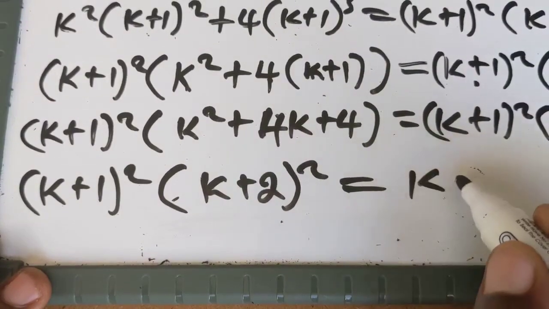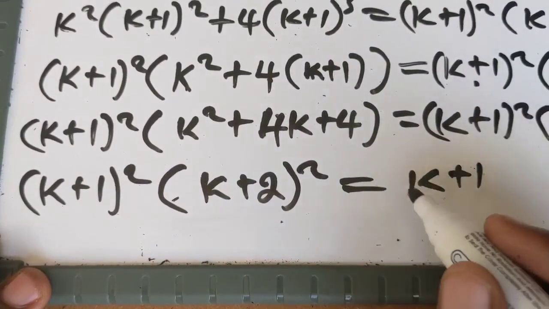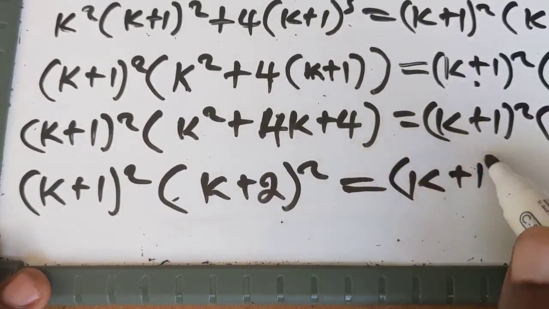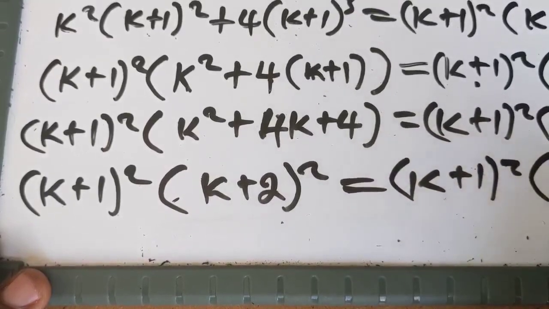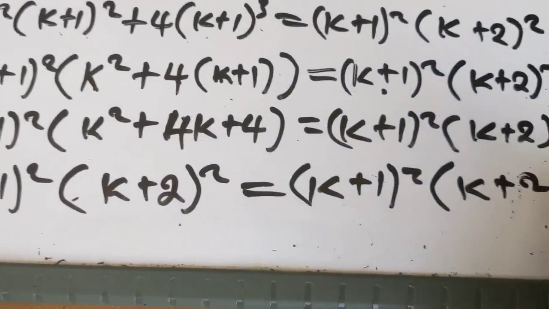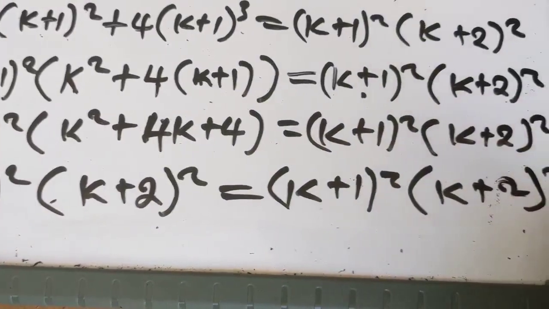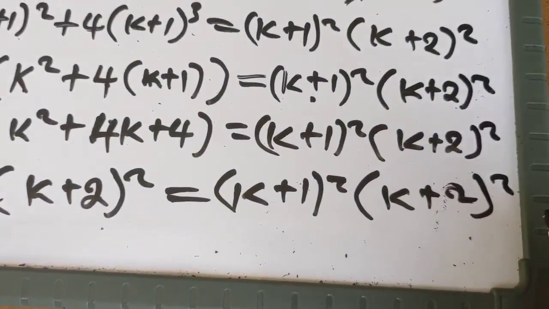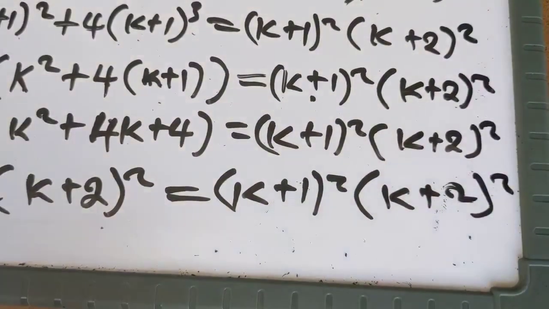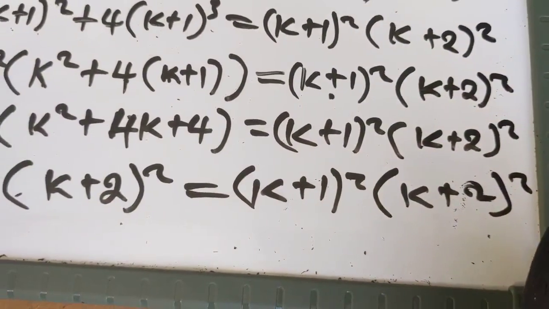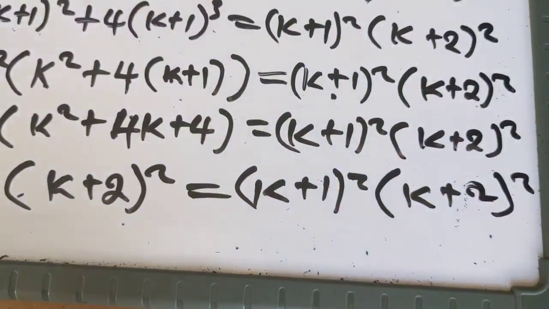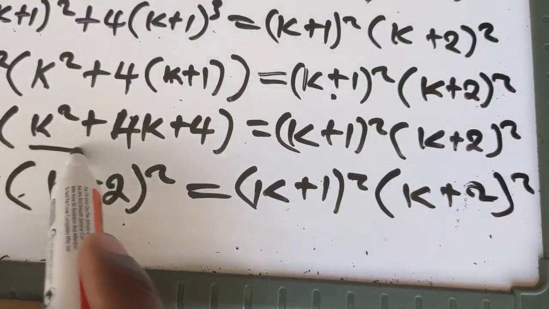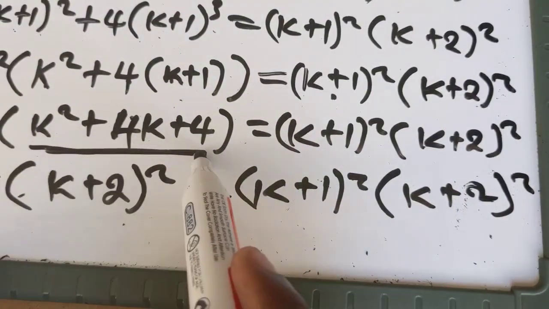So this side is k plus 1 to the power 2, then k plus 2 to the power 2. Okay. I think for those that are confused, I'll try to solve this quadratic equation so that you understand. This is the quadratic equation.